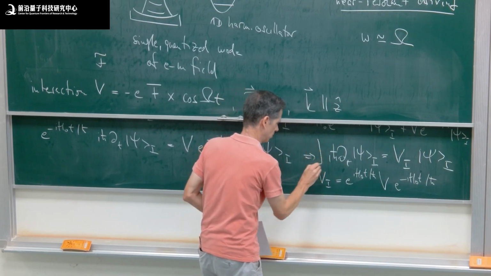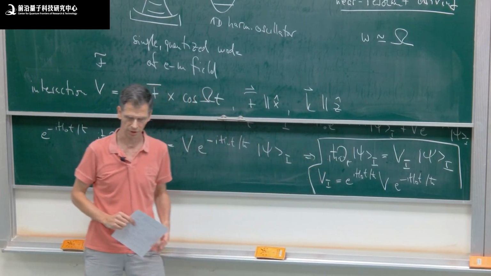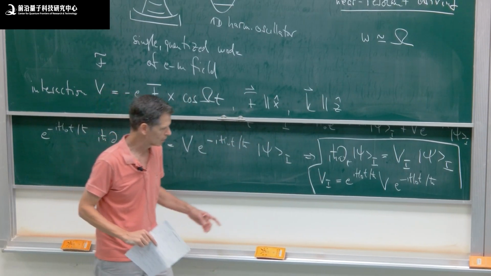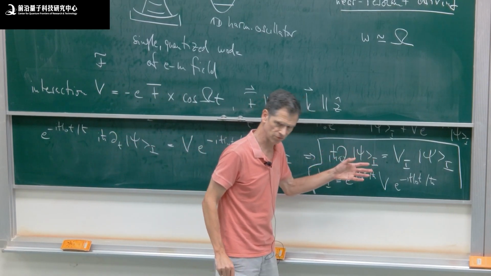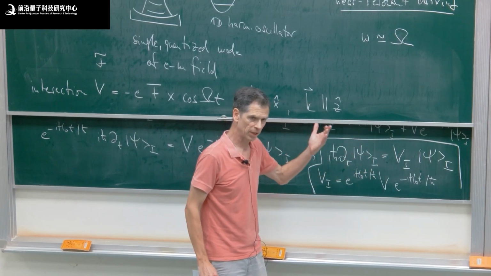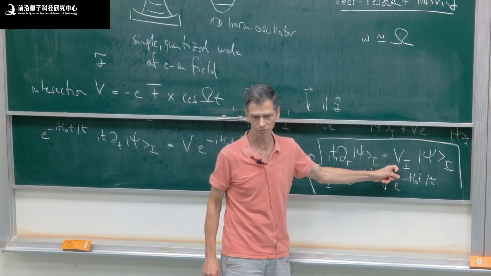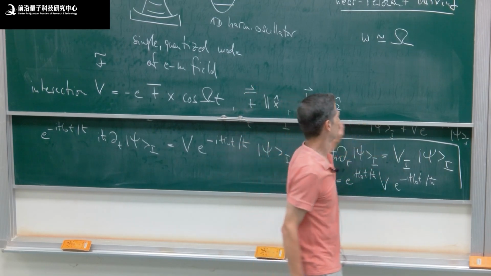And so this is now the Schrödinger equation in the interaction picture. The important part is that in the interaction picture, the dynamics of the state is generated only by the interaction part of the Hamiltonian.